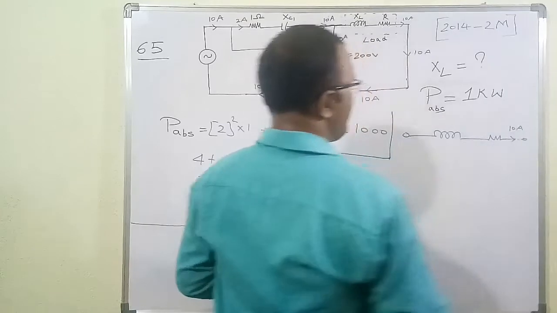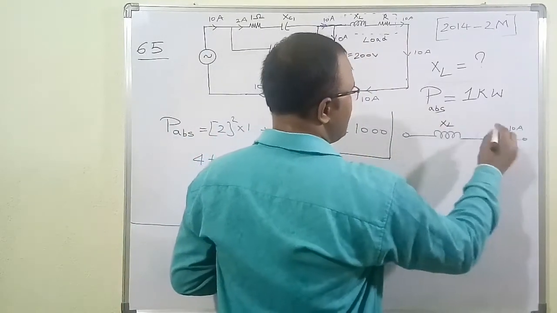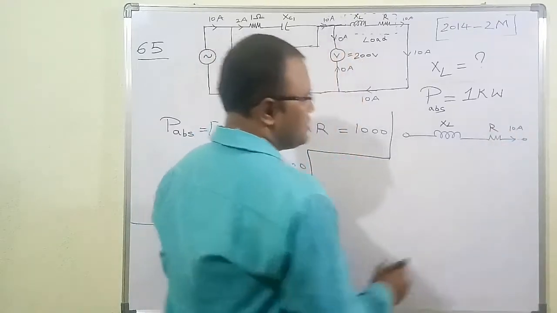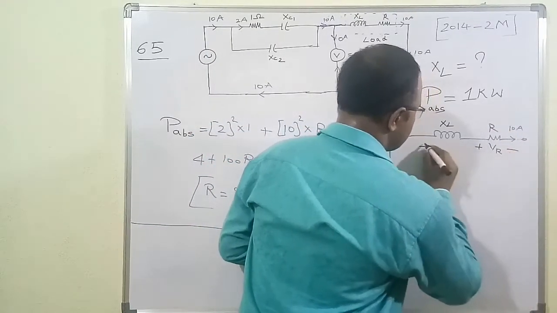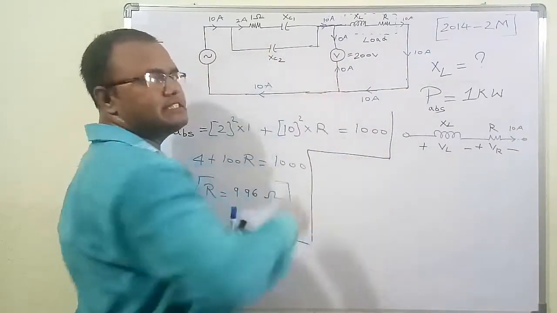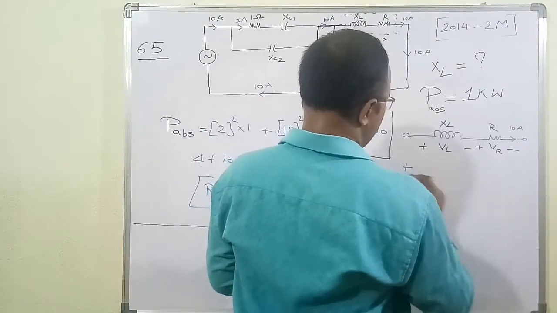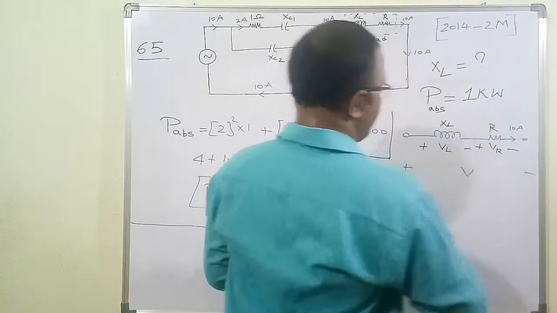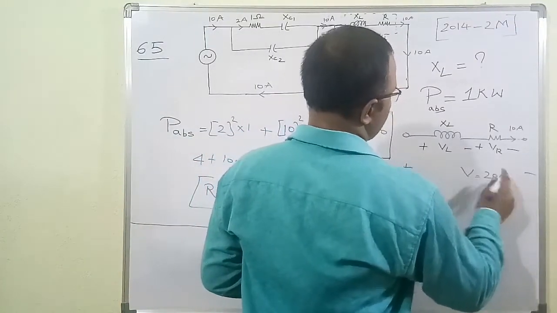The voltage drop across the resistor is VR, the voltage drop across the inductor is VL, and the voltmeter reads the net voltage drop across the combination, which is 200 volt.